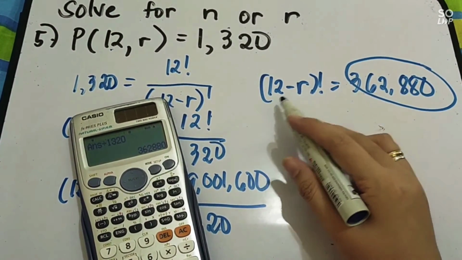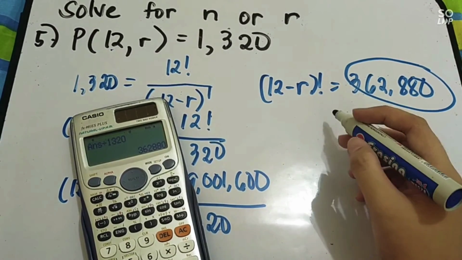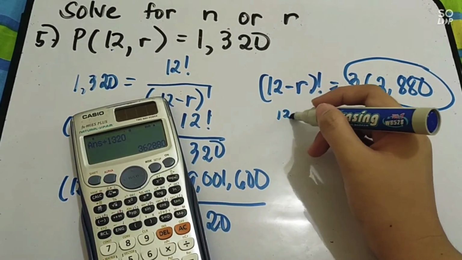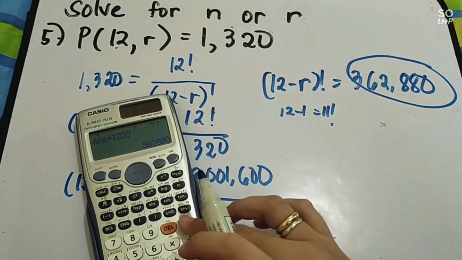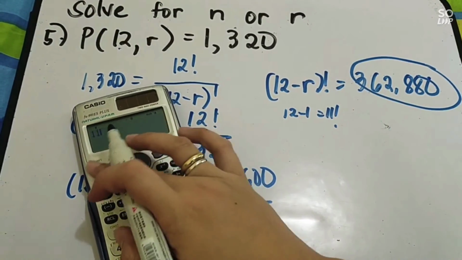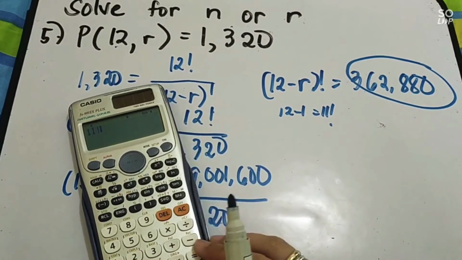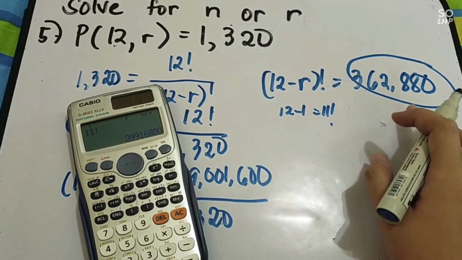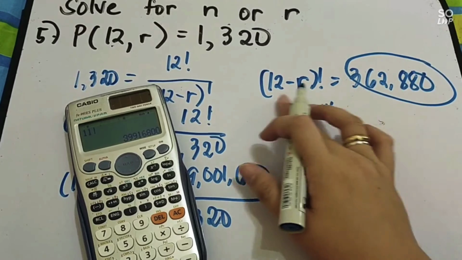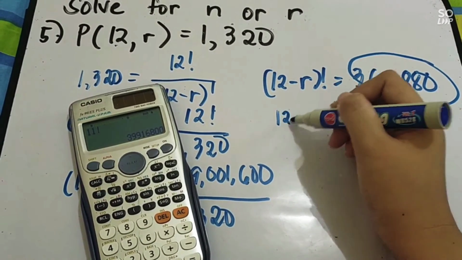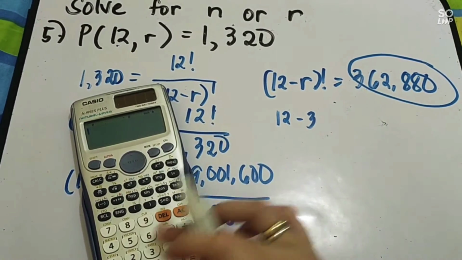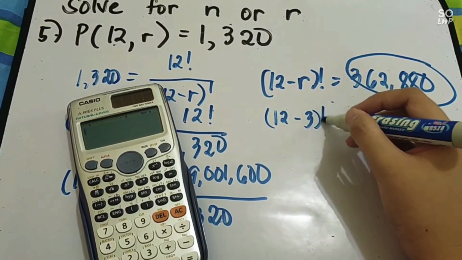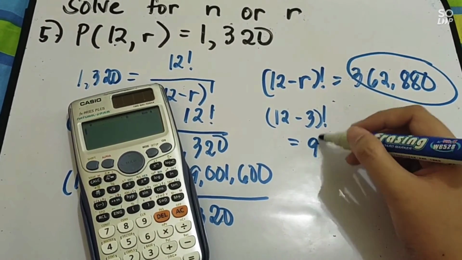What if ang ilalagay natin R is 1? So, magiging siyang 12 minus 1, that is 11 factorial. So, kung 11 factorial yan, hindi pa pwede. Malayo masyado. Let us have 12 minus 3. For example, we have 12 minus 3 factorial. This is equal to 9 factorial.